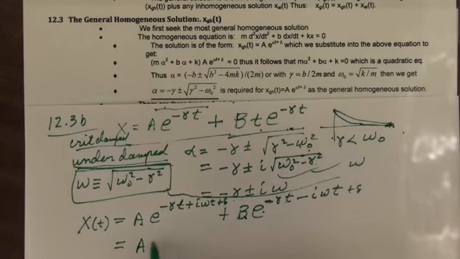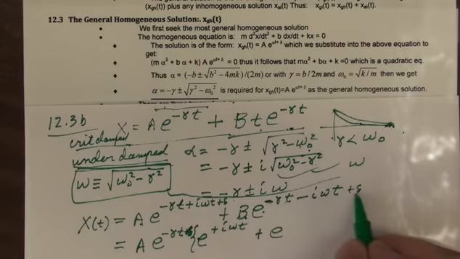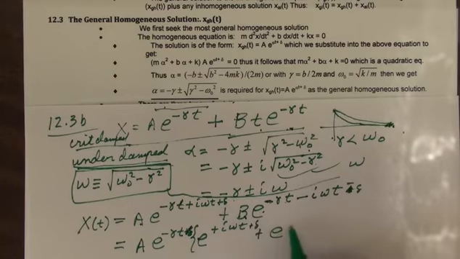I'm going to pull out e to the minus gamma t, and then I'm going to have e to the plus i omega t plus e to the minus i omega t.